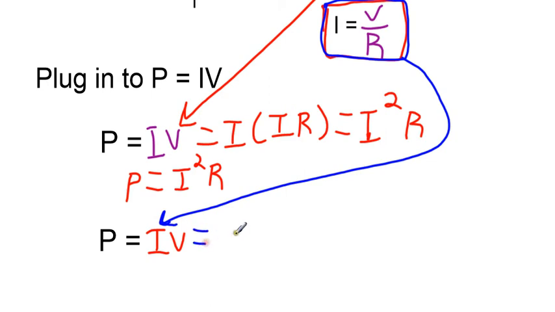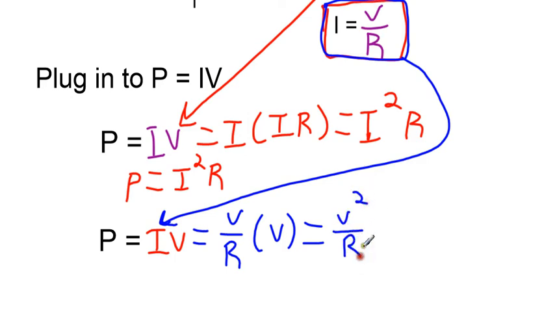So this becomes, this is a substitution. So P is equal to V over R times V. We can simplify this as V squared over R. So power is equal to V squared over R.